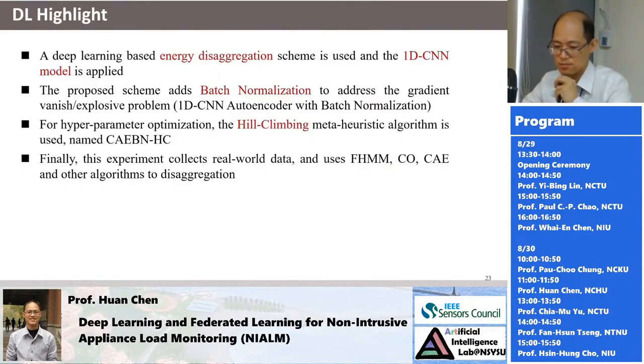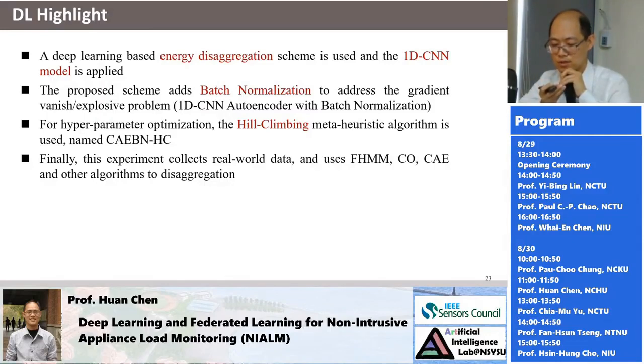Then I will give a short briefing on the deep learning with some highlights. In the deep learning based energy disaggregation scheme, we use a one-dimensional convolutional neural network model. We use some training techniques. In particular, they include batch normalization and the hill climbing schemes to further improve our results.